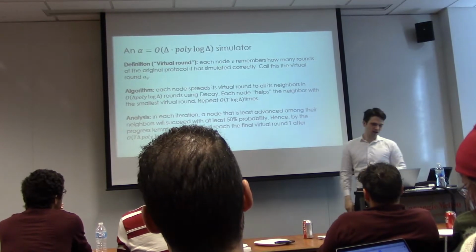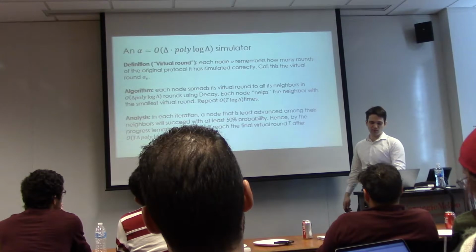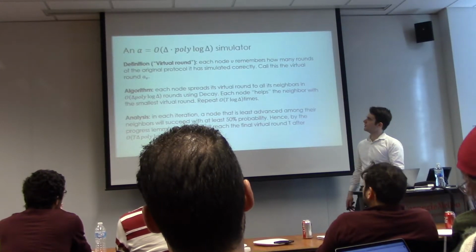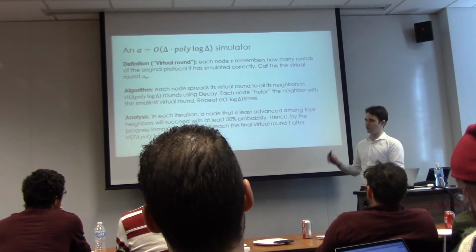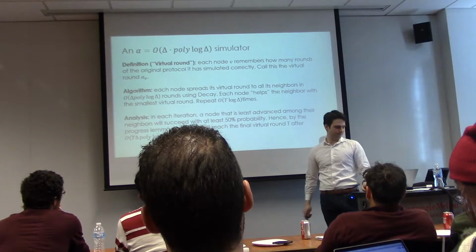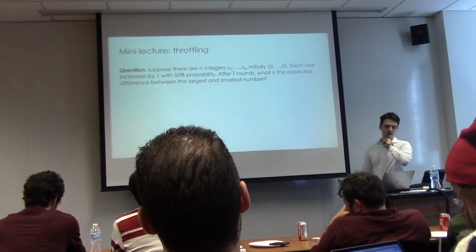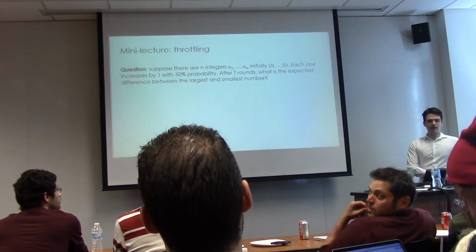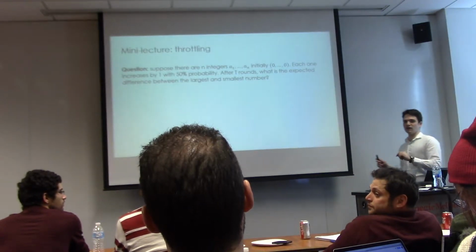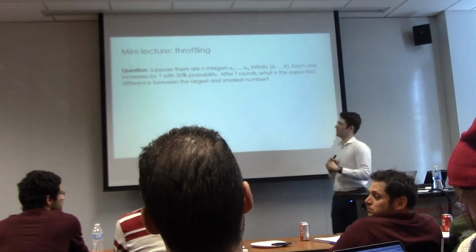Fine, good. And that's it. That's how you do the delta polylog delta simulator, if you can define these virtual rounds, which I claim you can. Now, let's introduce another idea that will lead us to the polylog delta log again simulator, the better one.